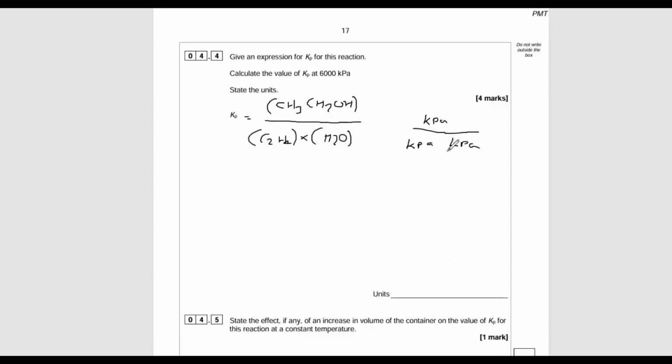And then to work the units out, you say, well, what I'm going to do is I'm going to add these together. So I've got on top, kPa to the 1, and underneath, I have kPa to the 2. And then all you're going to do is go one lot of kPa, so kPa to the 1 minus 2.